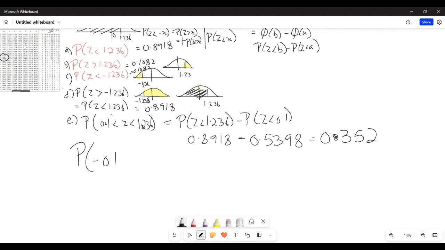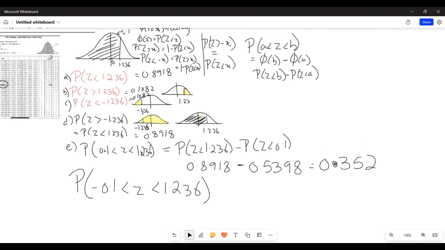Okay, what if one of them is negative? Negative 0.1 and z less than 1.236. Okay. So in this negative case, let's see, just a second.